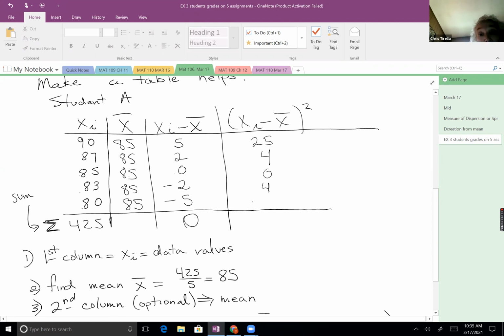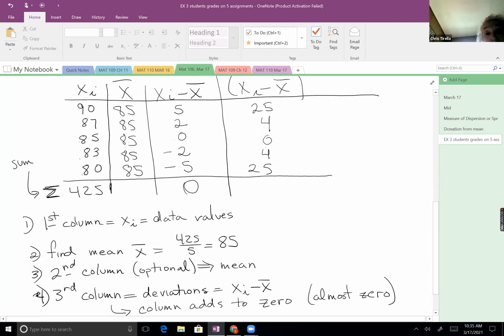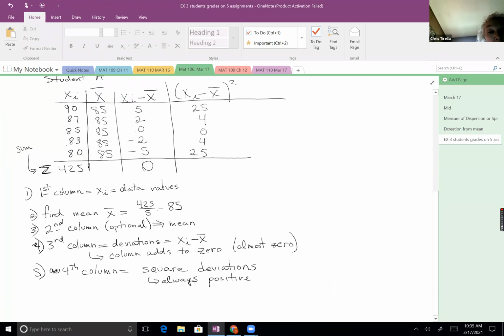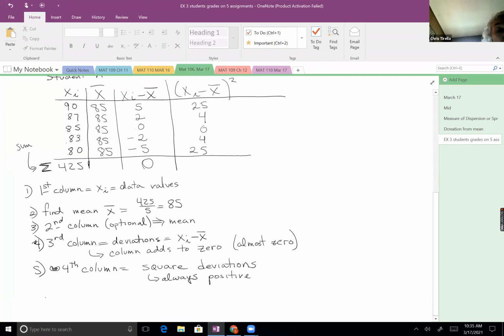And negative 5 squared is also positive 25. Then I'm going to total the squares, which means I'm going to add up that column, and that gives 58.